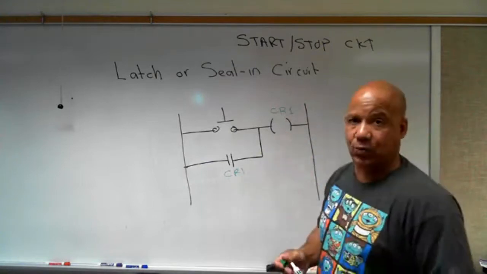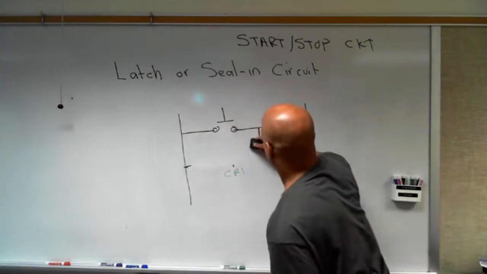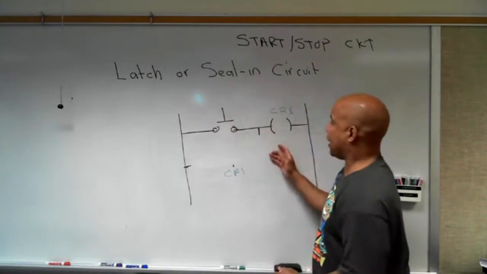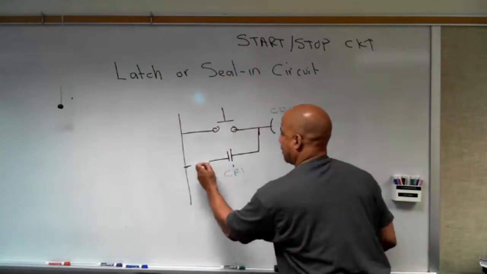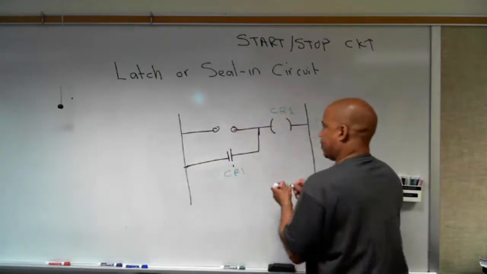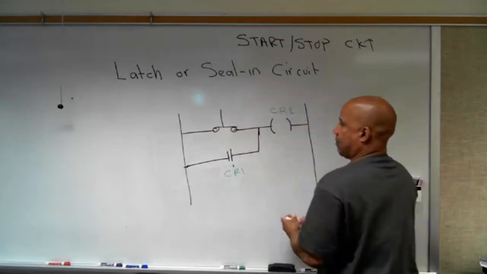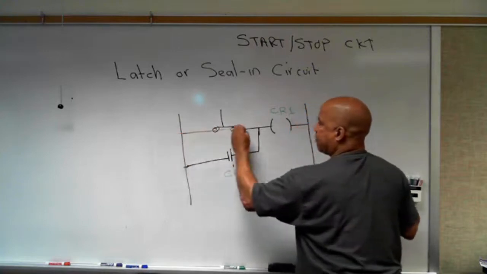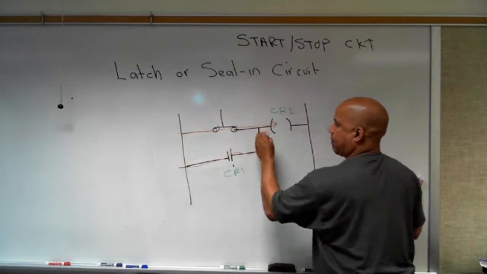So let me step through it and watch what happens. Without this, I push this down, this is on, I release it, this is off. With this, I push this down, and since this is an OR circuit, current now can flow through here, and it can also flow through here.